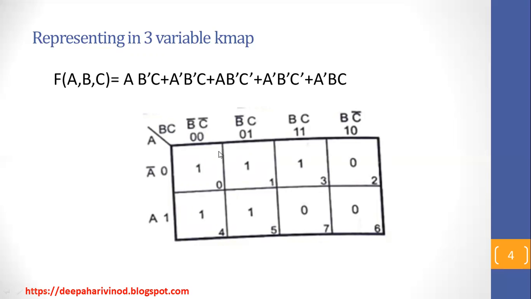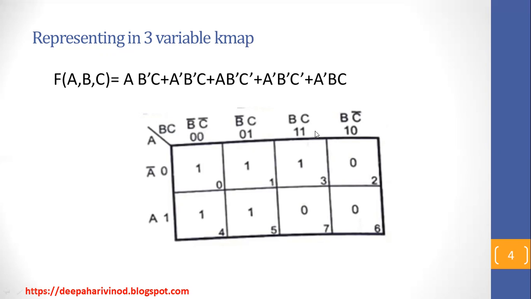In the same way, I have to first choose the K-map literals, that is A over here, and B and C here. Again same way 0 and 1. So this row represents 0, that is A bar, and this row is A. This one represents 2 literals, that is 0, 0, 0, 1.